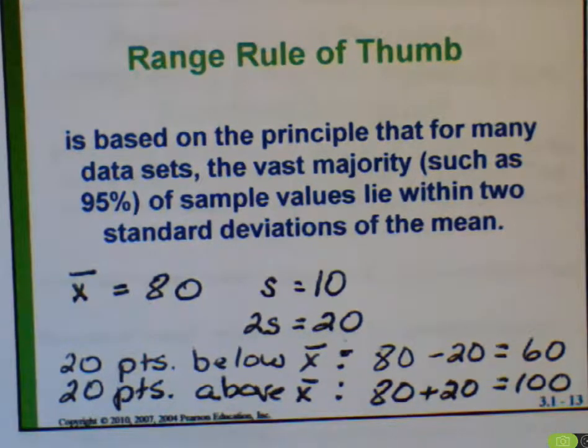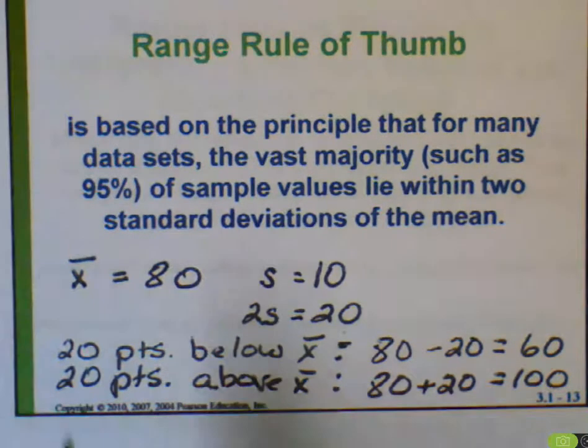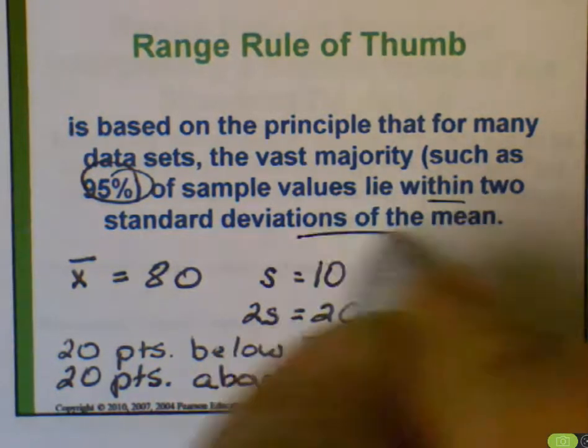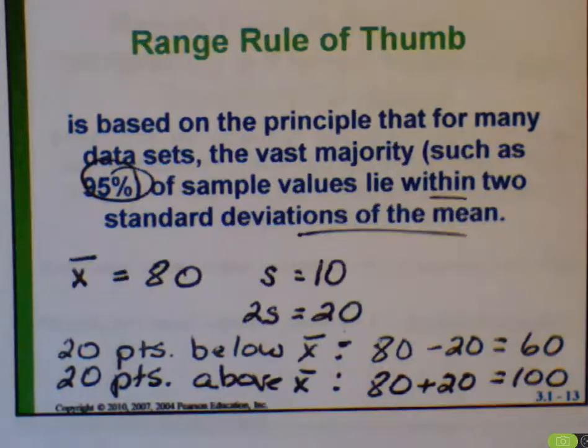So what the range rule of thumb is telling us is that 95% of all scores would be between 60 and 100. That is what I mean when I say within two standard deviations of the mean.